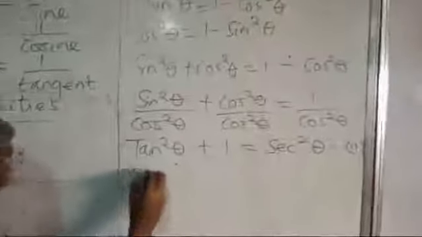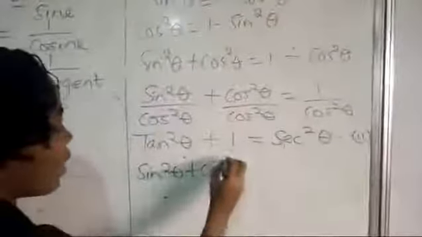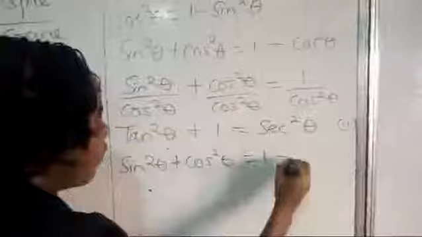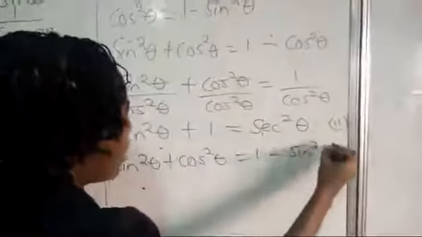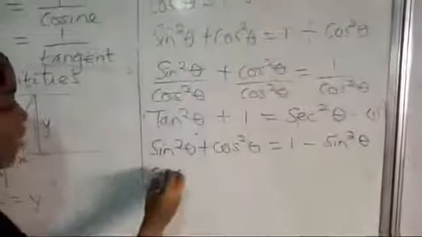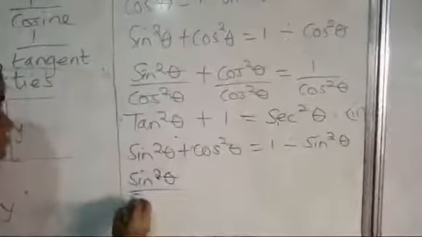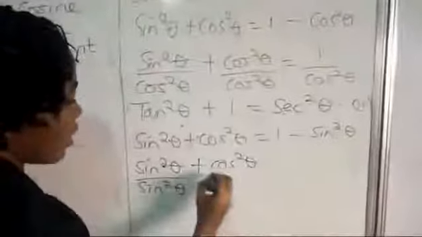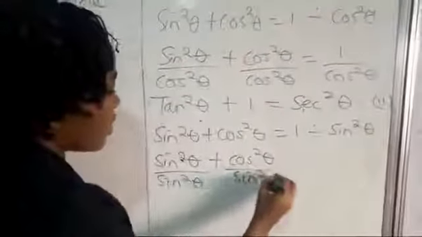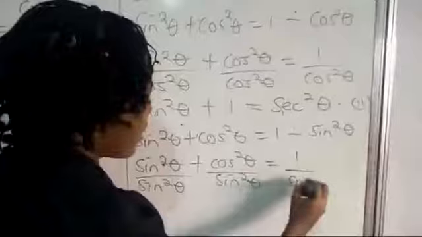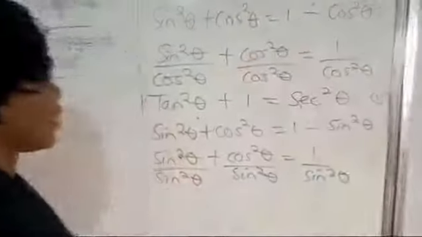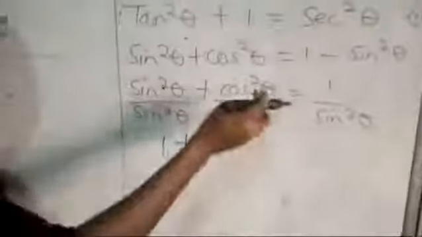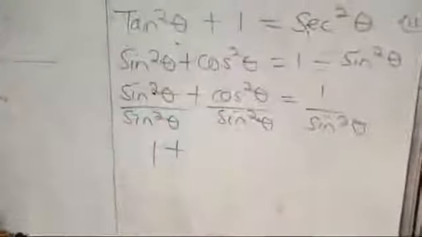So still using this first identity, let's divide by sine squared theta. Still doing the same thing. Sine squared theta divided by sine squared theta, plus cos squared theta divided by sine squared theta, equals 1 divided by sine squared theta. Sine squared theta divided by sine squared theta is 1, plus cos squared theta divided by sine squared theta.